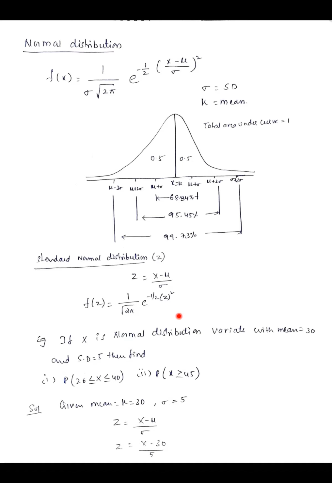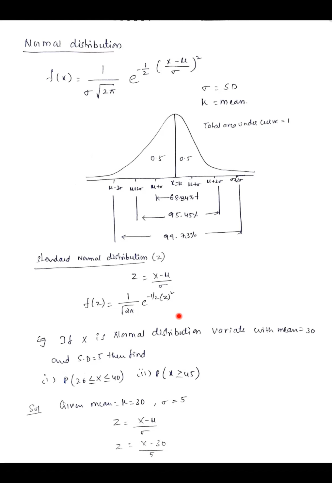If x is a normal variate with mean equal to 30 and standard deviation equal to 5, then find the probability that 26 is less than or equal to x, less than or equal to 40, and second, the probability that x is more than or equal to 45.